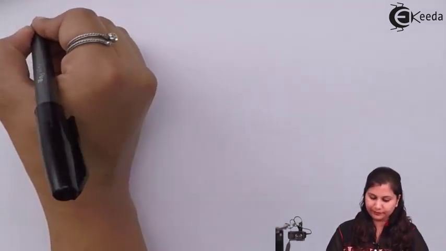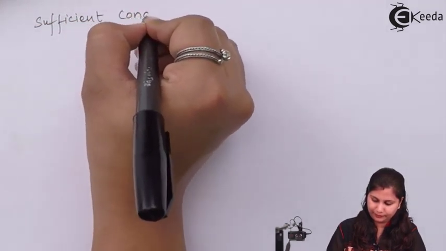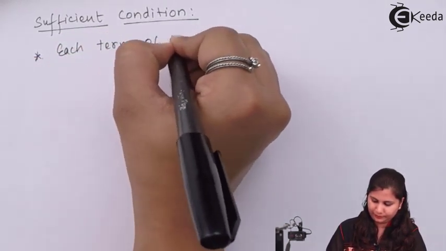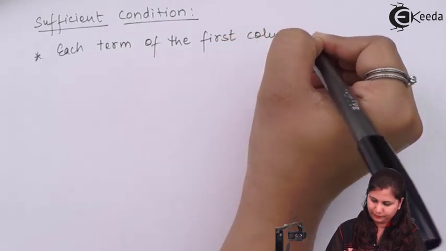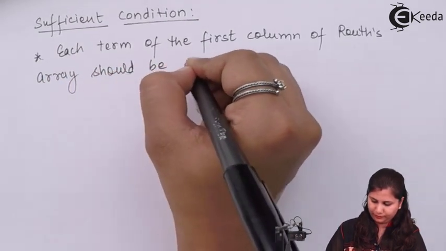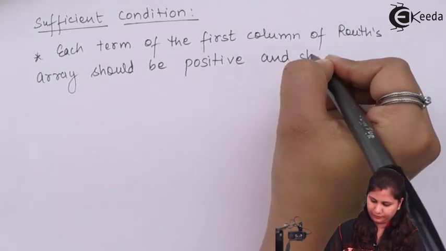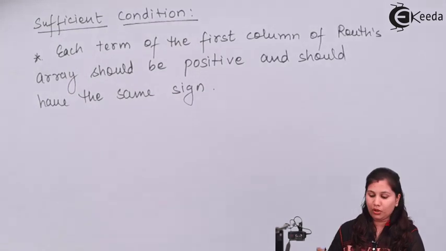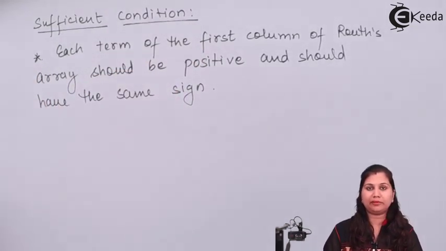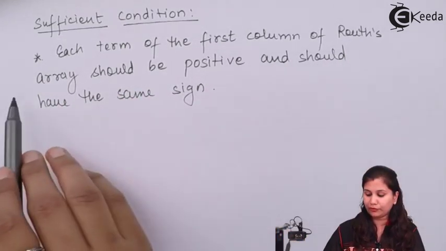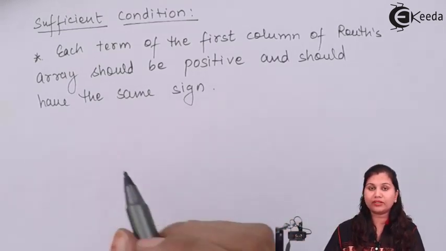Now what is the sufficient condition for it? The sufficient condition for defining stability in the Routh stability criteria is that each term of the first column of Routh's array should be positive and have the same sign.